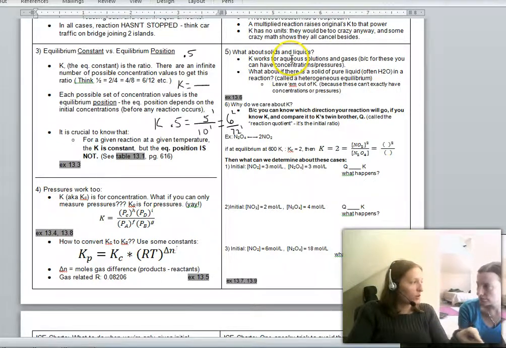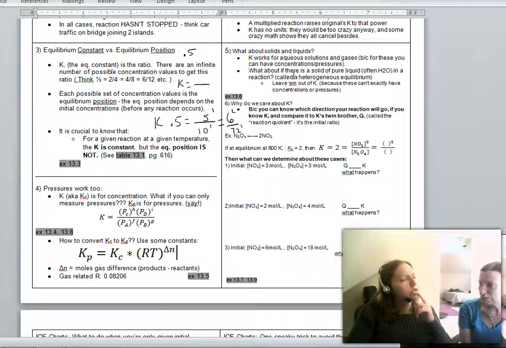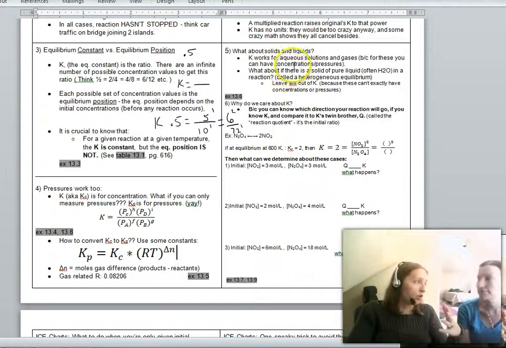If you have a pure liquid, like pure water, and you're going, my reactant is water, what is the concentration of water? What does that even mean? You can't use a pure liquid in an equilibrium expression.